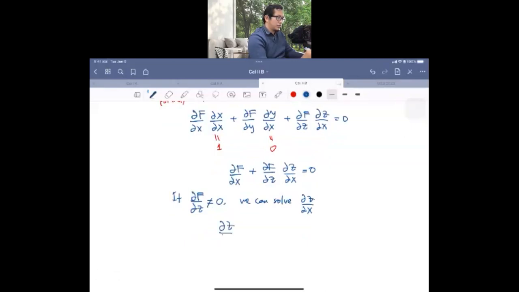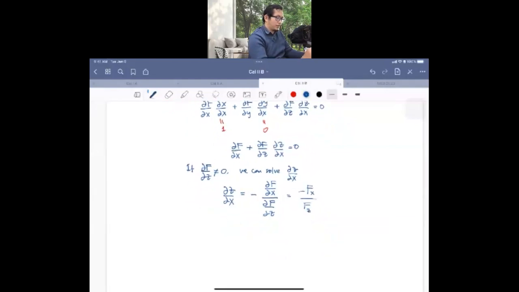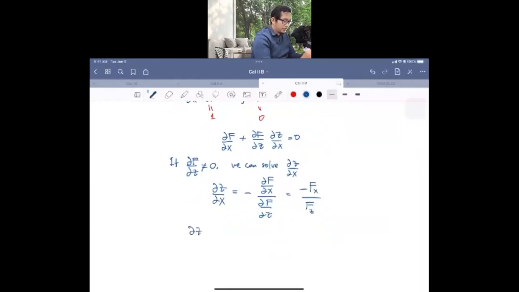So dou z dou x will be negative partial f over partial x divided by partial f over partial z, or simply we can write negative partial x over partial z.